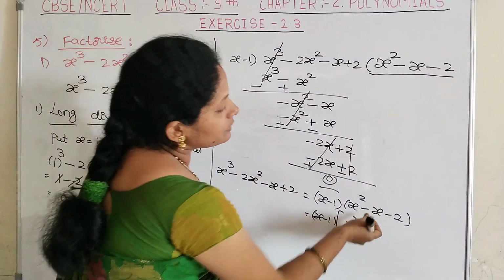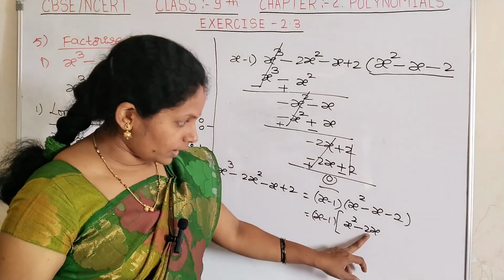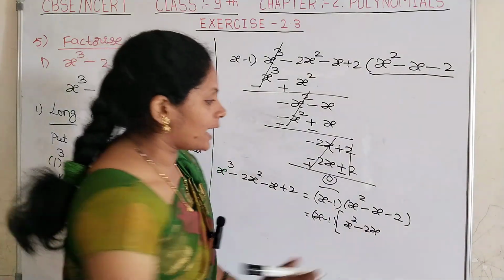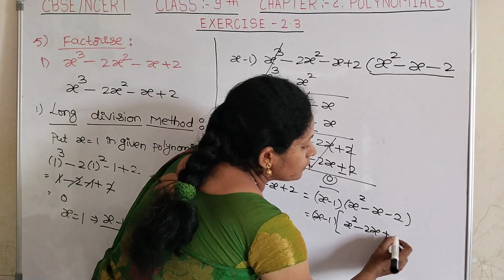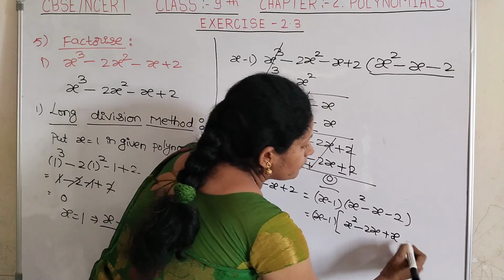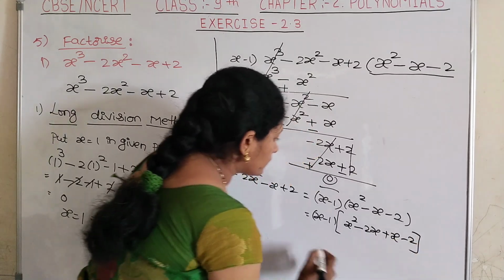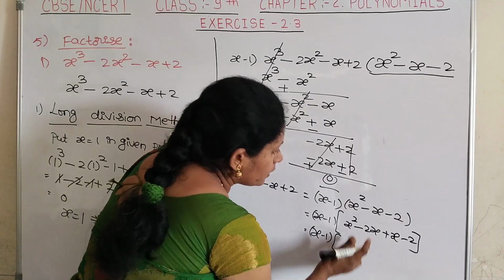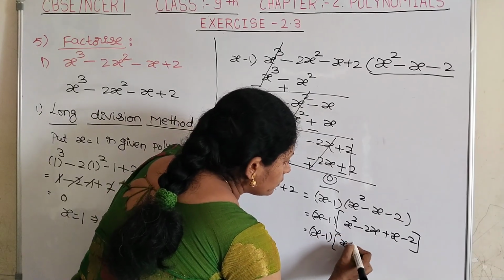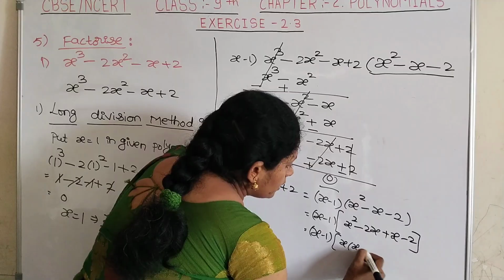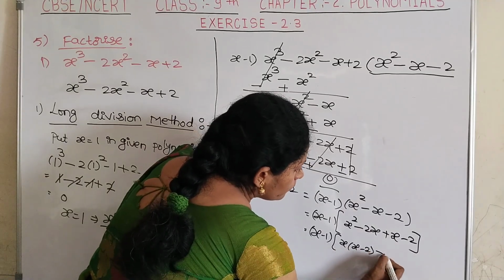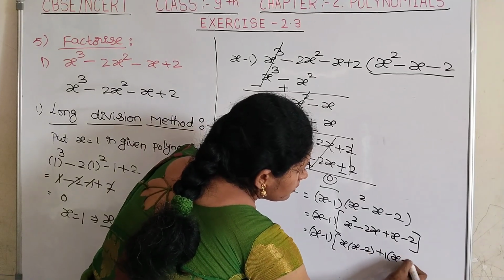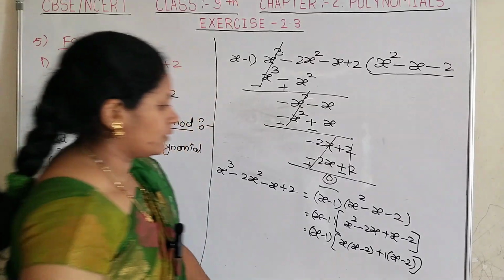The middle term is minus, so 2 should take the minus and 1 should take the plus. That's why we are giving the plus here, minus 2. X minus 1 into, here we can take x common, x minus 2 remains. Here we can take 1 common, x minus 2 remains.